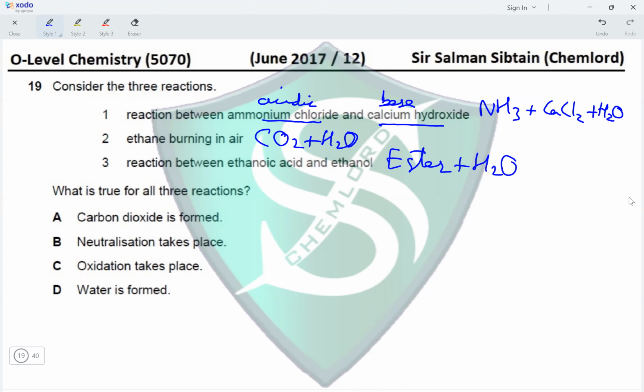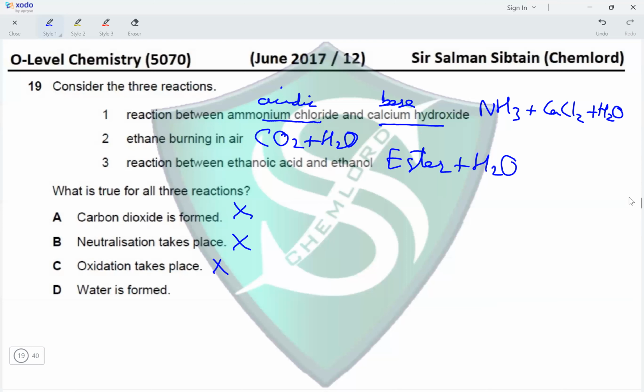Okay, what is true for all 3 reactions? Carbon dioxide is formed. Carbon dioxide is only formed in reaction 2, not in 1 and 3. Neutralization takes place. Neutralization is taking place only in reaction 1, not in 2 and 3. Oxidation takes place. Oxidation is only taking place in reaction 2, not in 1 and 3.